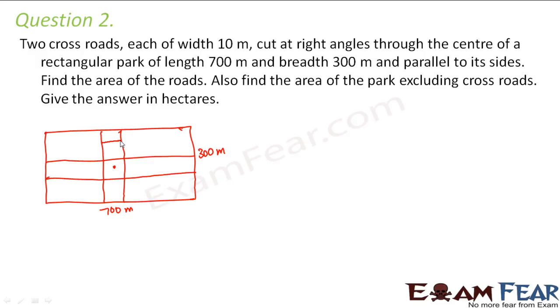Now the width of each of these roads is given as 10 meters. So this width is 10 meters. This width is also 10 meters. Now we have to find out the area of the roads. That means the area of this road plus the area of this road. So how are we going to find out the area of the roads? So let us see how we do this.